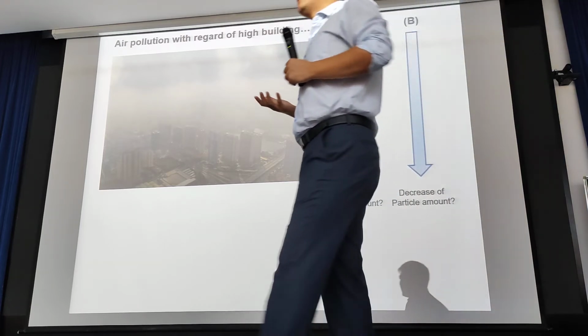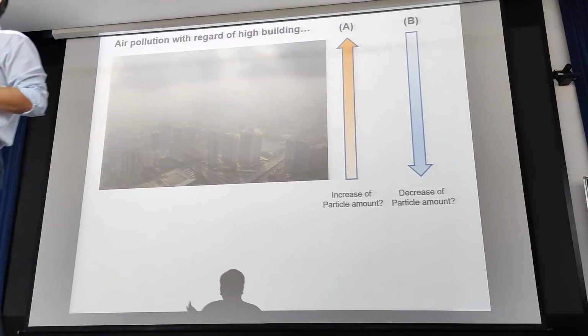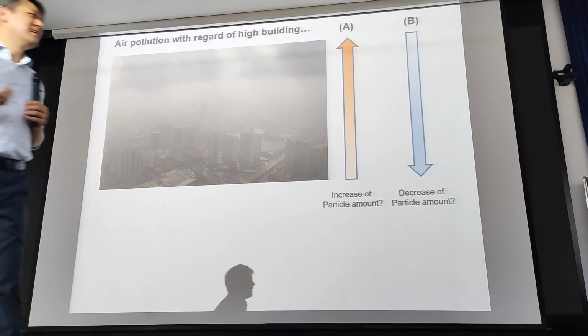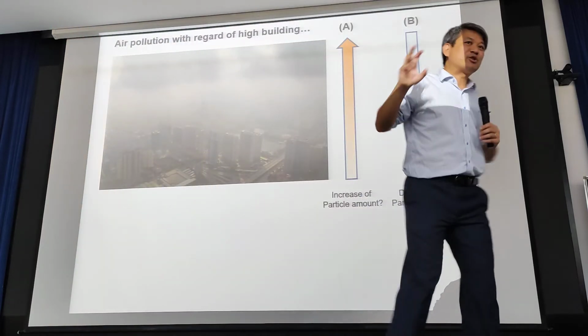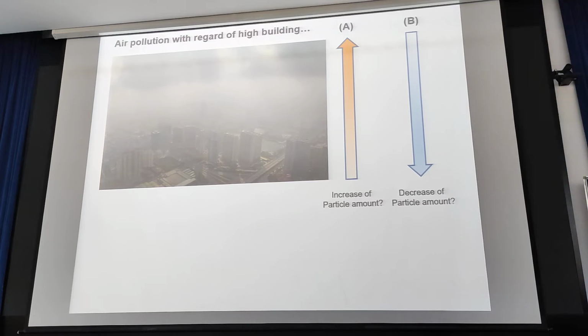Some of my friends say that it's expensive because when you get higher, the air becomes cleaner. So the question is whether the concentration of polluted particles increases when you get to a higher level, or decreases. It seems that you have the answer, right?